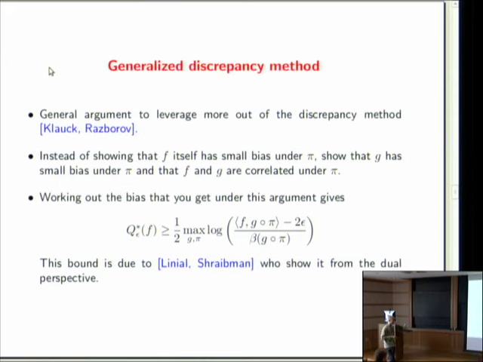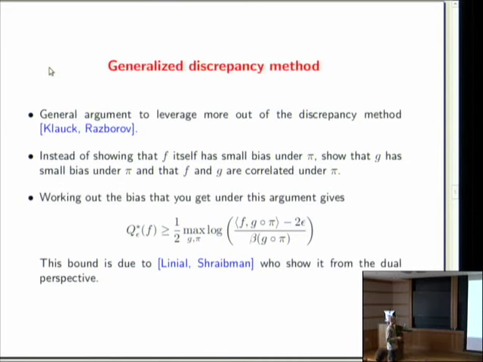The idea is that instead of showing upper bounds on the bias of the function f that you're interested in, you can instead show upper bounds on the bias of some other function g. The idea being that f itself could have large discrepancy, but it might be correlated with some other function g, which actually has small discrepancy.